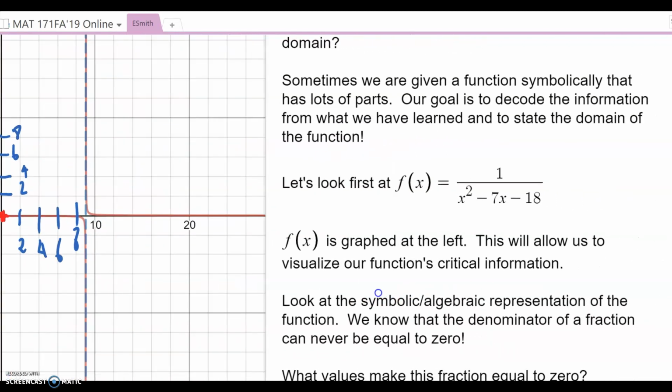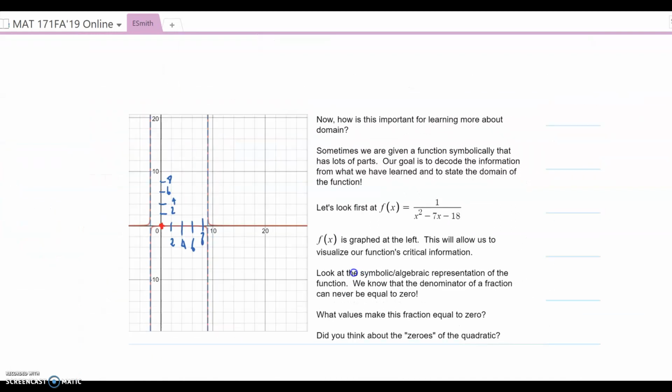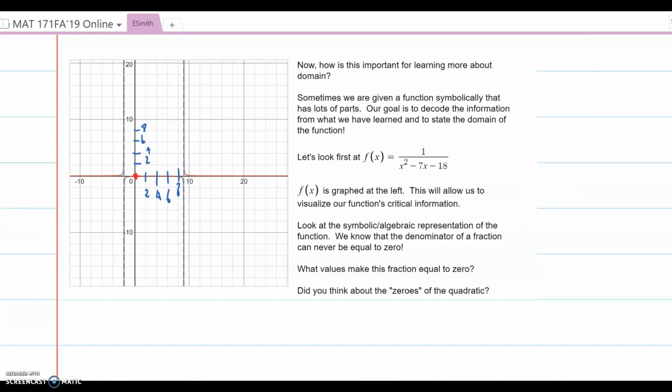When we look at our problem there, let me take it up here. The denominator cannot be equal to 0 in rational functions, which means that x squared minus 7x minus 18 cannot be equal to 0. So we first factor it.